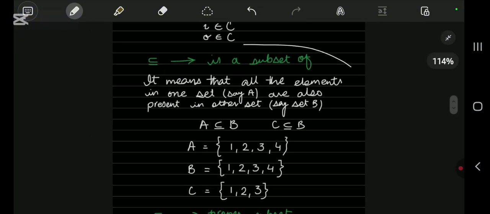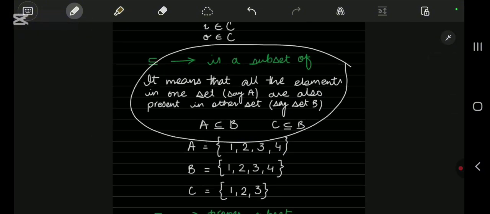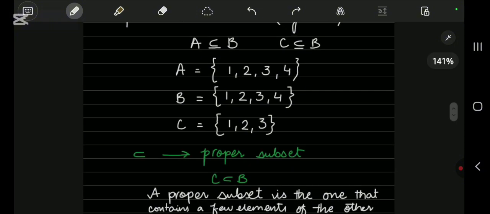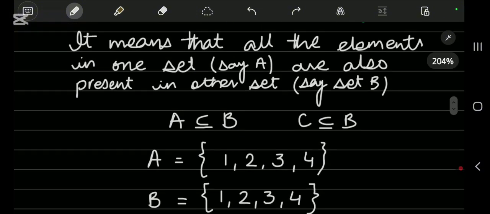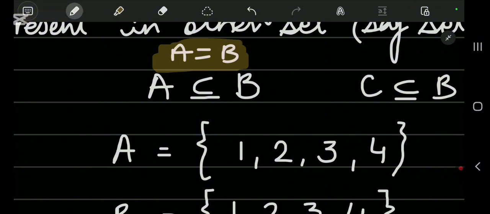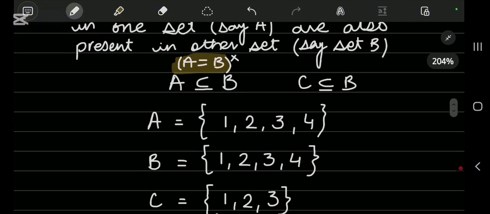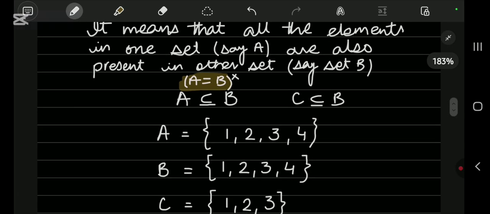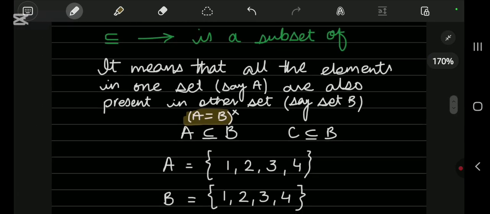For a set to be just a subset, the other set can be equal or cannot be equal. So we can say that A is not equal to B, or is equal to B. For a proper subset, A cannot be equal to B. This is just for understanding, it's not a formal thing. If A is equal to B, we can say that this is just a subset.